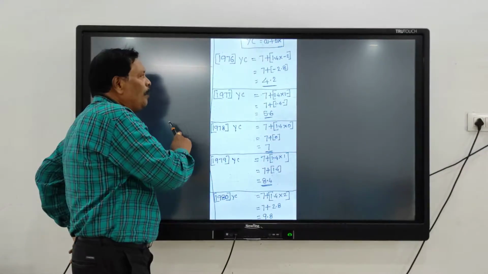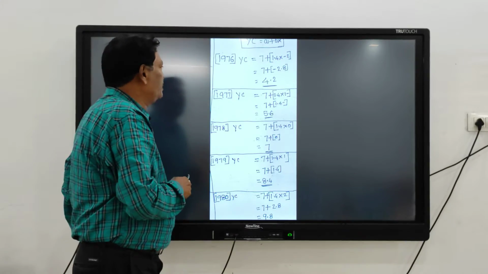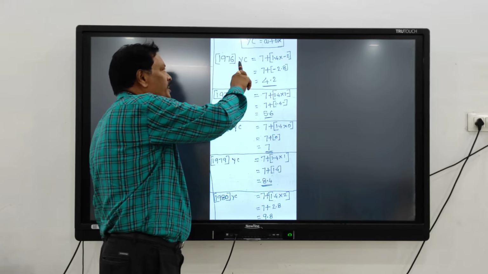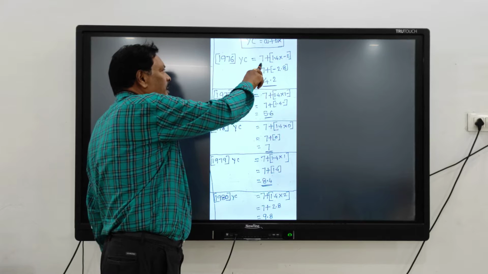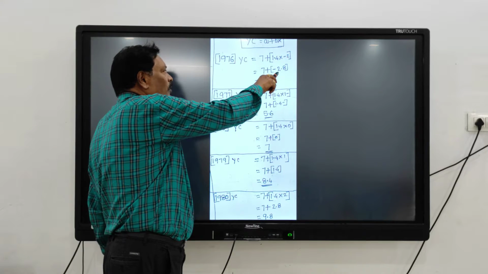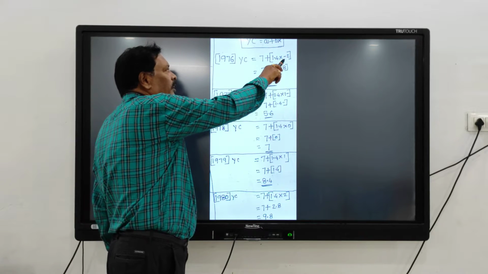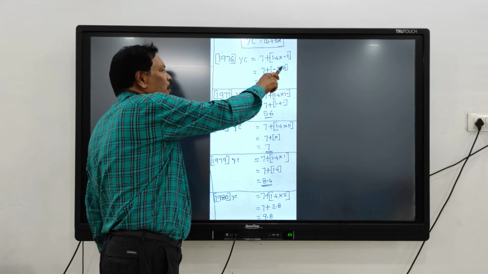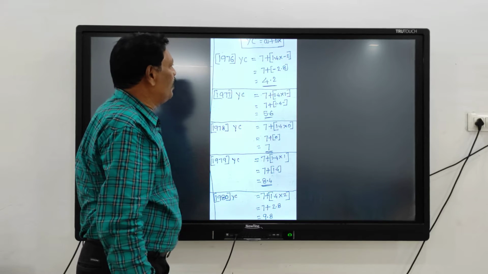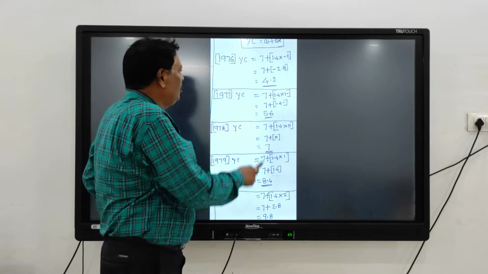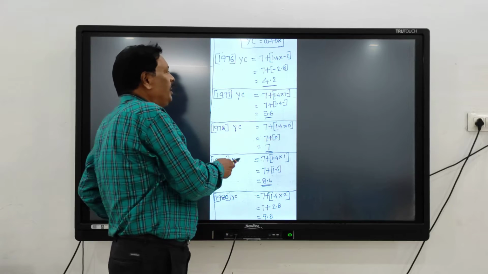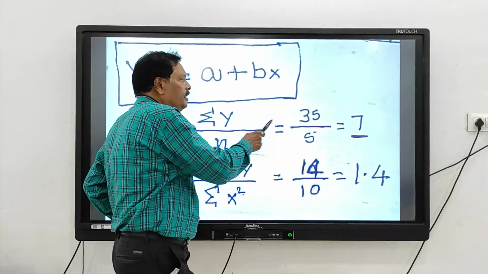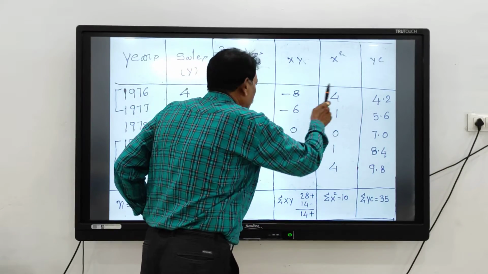So, with the help of all these values, you can simply calculate the yc for 1976. yc is equal to a plus bx, 7 plus 1.4. When you multiply 1.4 with minus 2, you will get minus 2.8. When you total up 7 plus minus 2.8, the ultimate result is 4.2. This is the first yc value for 1976.